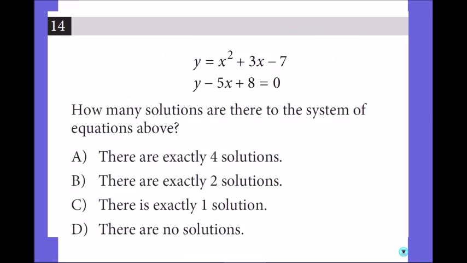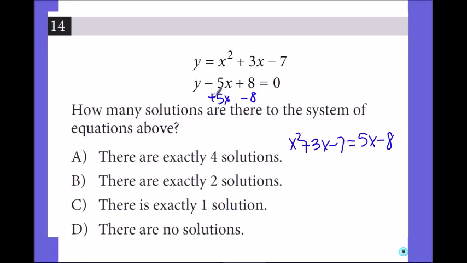14. How many solutions are there to the system of equations above? Let's set the equations for y equal and solve it. So y is x squared plus 3x minus 7 equals y, which is 5x minus 8, right?